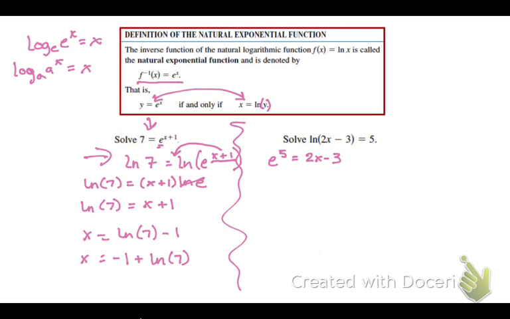Correct? So then I would add 3, divide by 2. Was that too quick? So x equals e to the 5th plus 3 over 2, and I'm done.